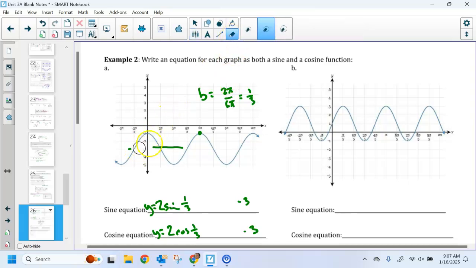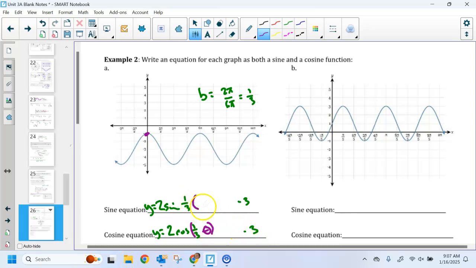So for my cosine function, my parent cosine function starts at the maximum value. That's where this one starts, so there is no shift left or right for the cosine function here. So I'm just going to put in, I could use an x or a theta, I don't think it really matters, but there's no horizontal shift. That is my entire cosine function, y equals 2 cosine 1/3 theta minus 3.